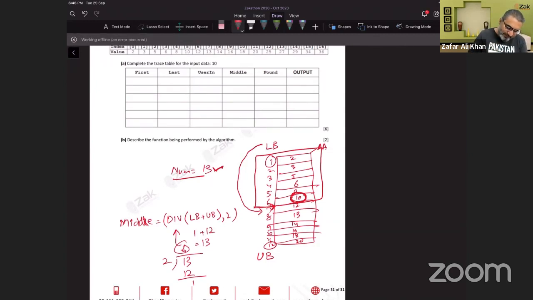Then again the whole process would go on. This time the lower bound is 7. The upper bound is 12. This is now 19. This is divided by 2. 9 twos are 18.